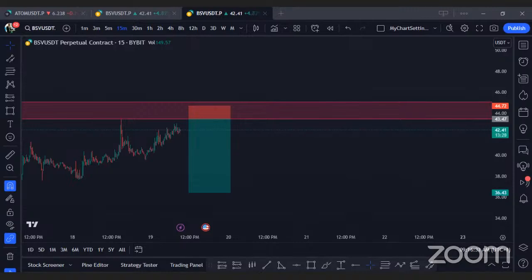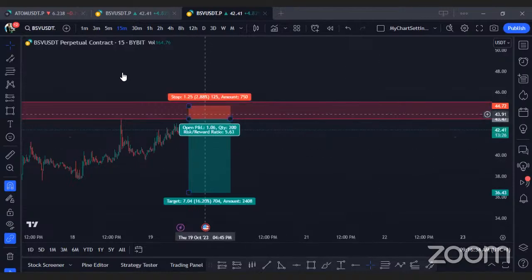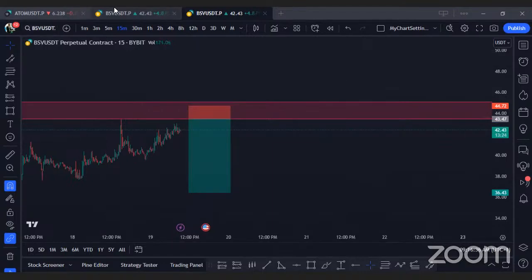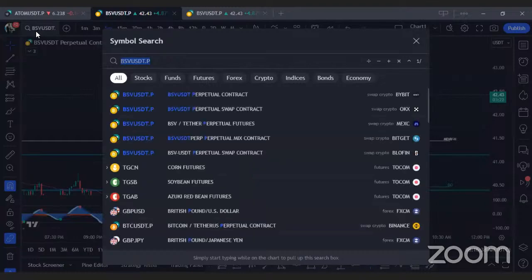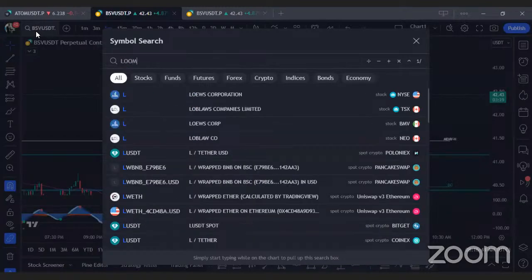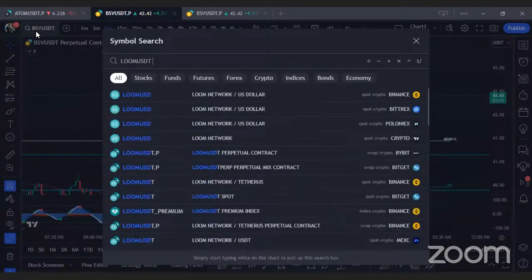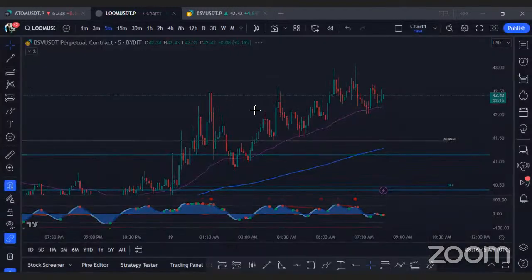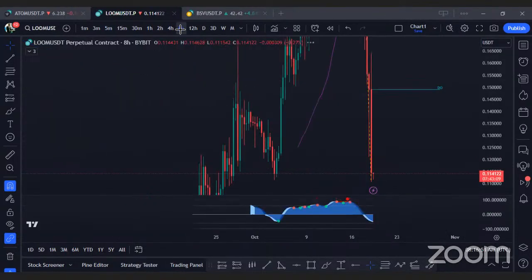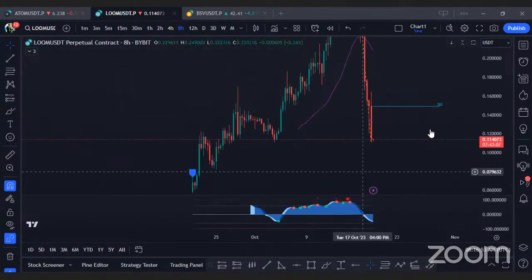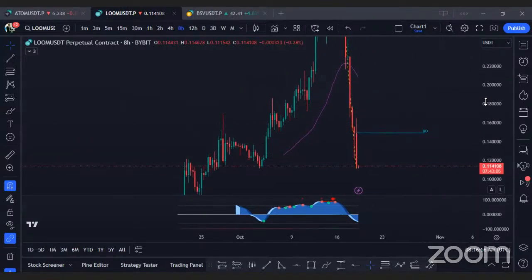Loom. James wants to look at Loom. Actually, I saw Loom this morning. There's something about that Loom team, the way the team dumped it. This thing can actually start pulling back up here.